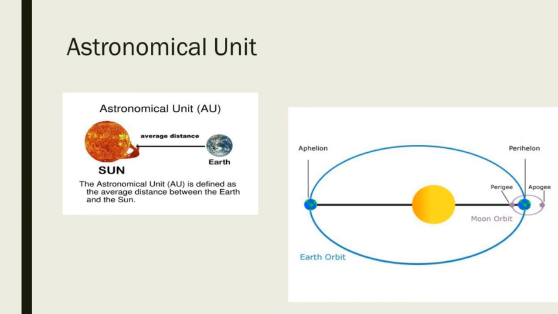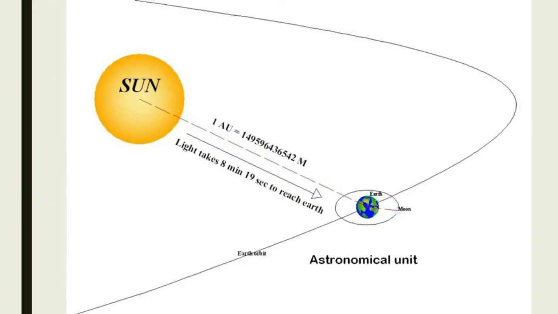When the earth is in its farthest position, where the distance between the earth and the sun is the largest, it's called aphelion position. The distance is 152.1 million kilometer. So, the average distance between the earth and the sun is about 149.6 million kilometer.